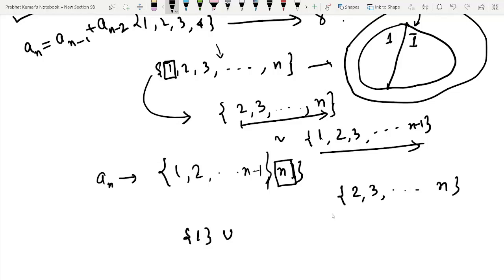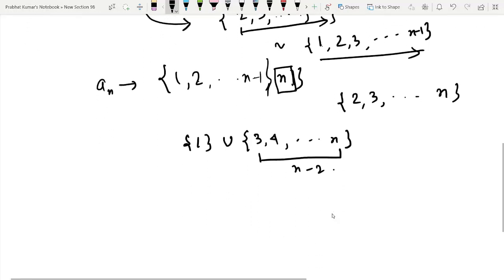But one thing you should note here is that if 1 is a must, then the subset cannot contain 2, right? So basically you have to consider only the numbers from 3, 4 till n, right? So we are considering these n minus 2 consecutive numbers, right?